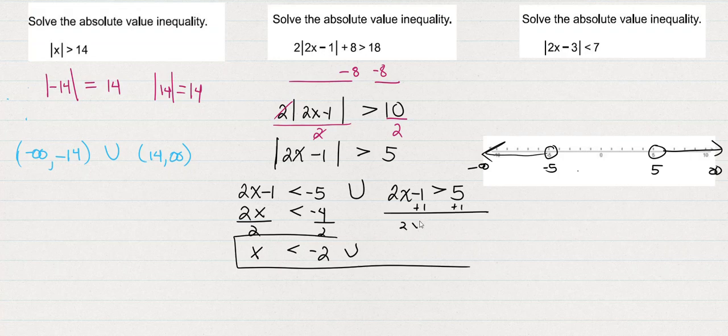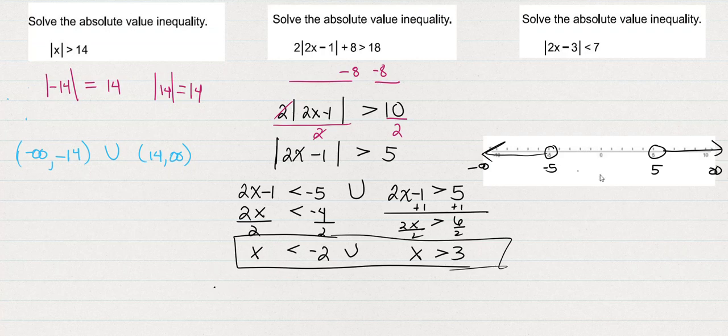So we have 2x greater than 6. Dividing by 2 gives us a 3, so x greater than 3. So we've got x's less than negative 2, or x's that are greater than 3.